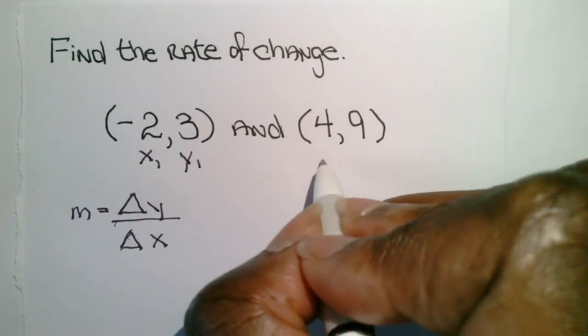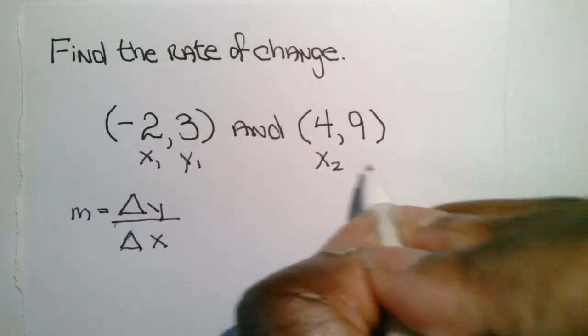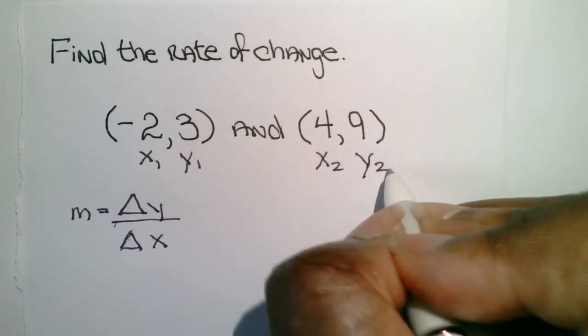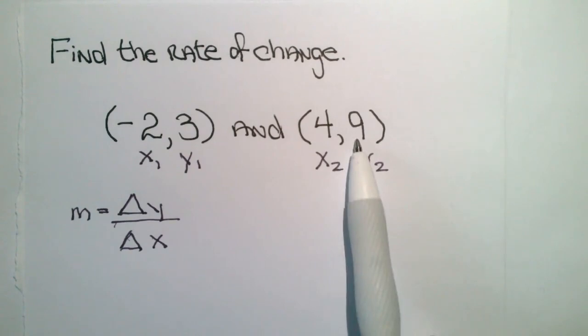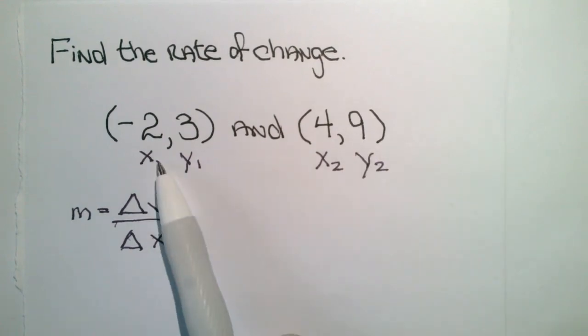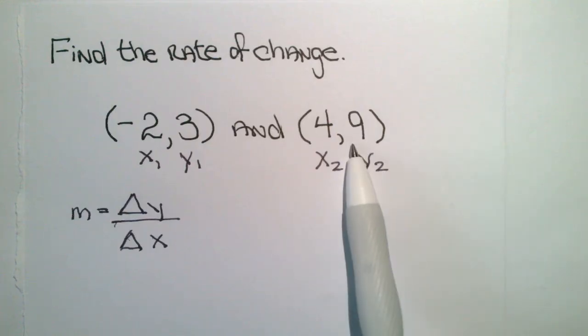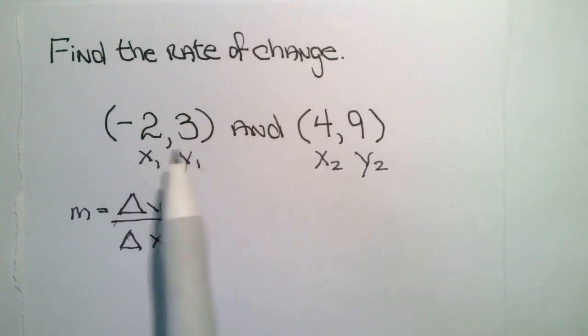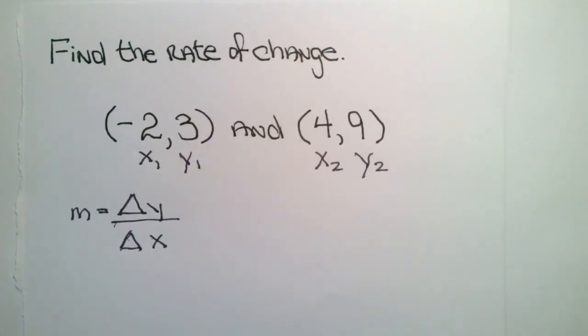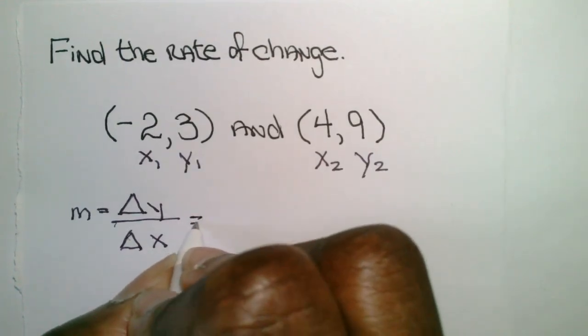For my second point, this will be my x sub 2, this will be my y sub 2. It doesn't matter, because if you're in a country that reads from right to left, that's fine. This could be your x sub 1, y sub 1, and this could be your x sub 2, y sub 2. Perfectly fine, as long as you keep the same pattern.